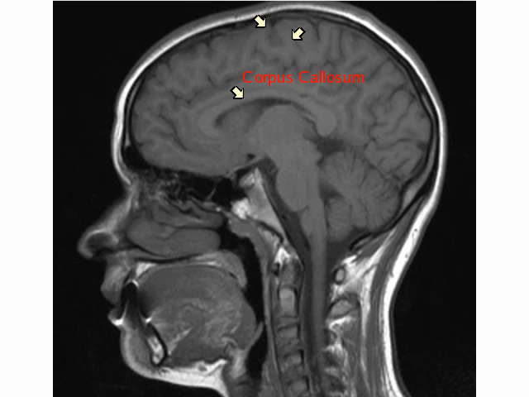And directly below the corpus callosum, we have the lateral ventricles. And right here in this area, right there, we have the thalamus.